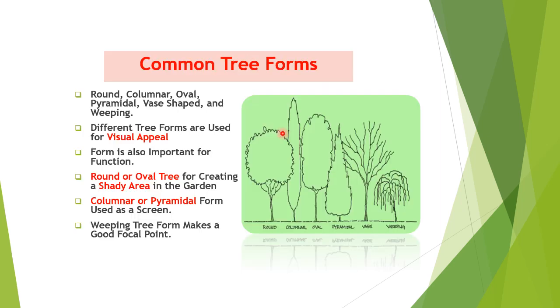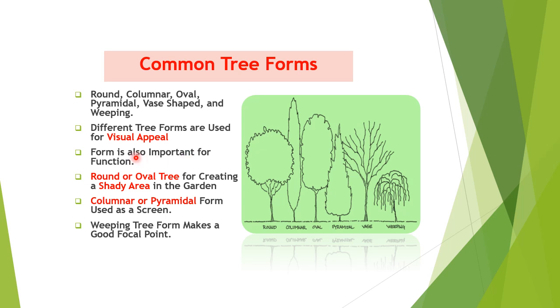So let us see first of all the trees. Trees can be of different shapes. They can be round, columnar, oval, pyramidal, vase-shaped, or weeping. These different tree forms are used for visual appeal, and form is also important for function.